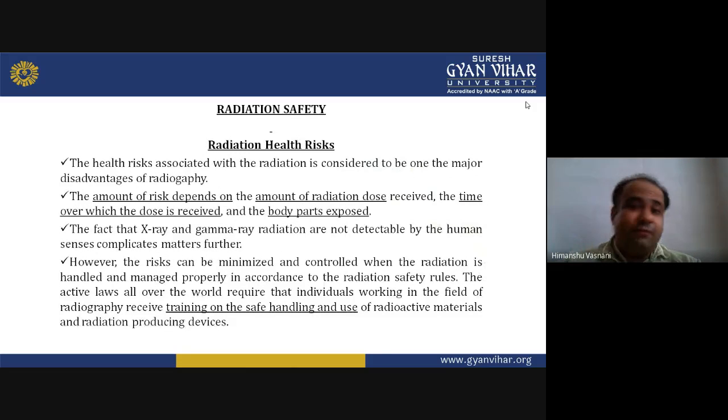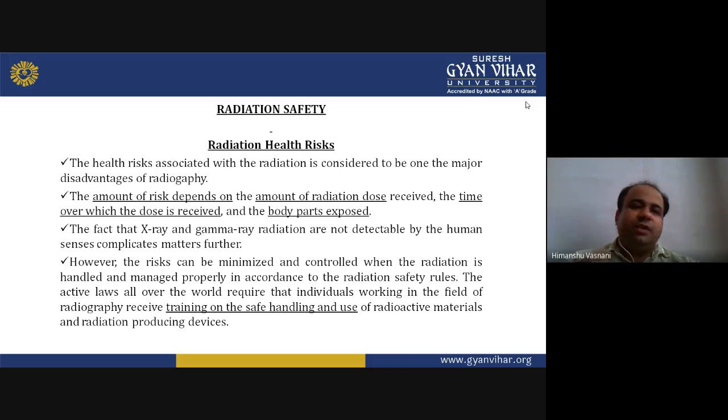Now, radiation safety. This is very important nowadays because if you avoid safety, it will lead to risks, and risks are disadvantages. Some risks may lead to health problems also, so we have to take radiation safety.